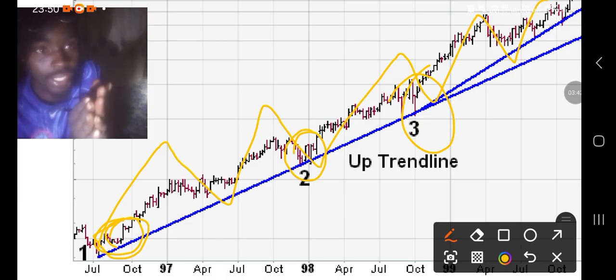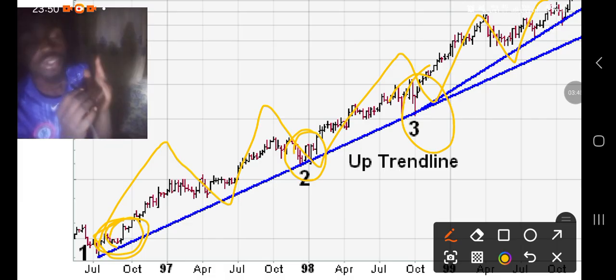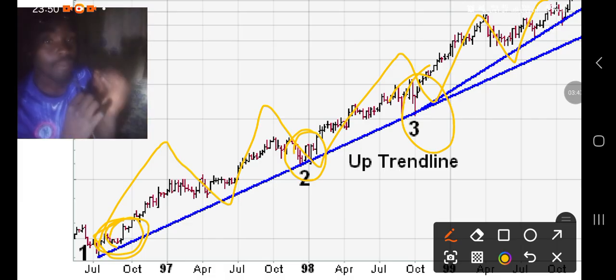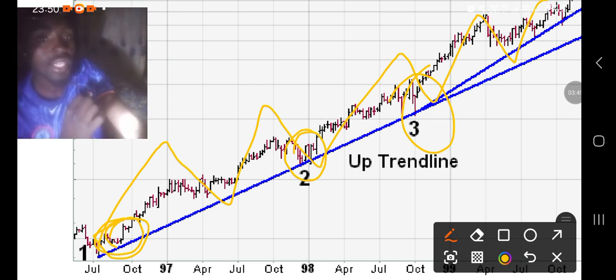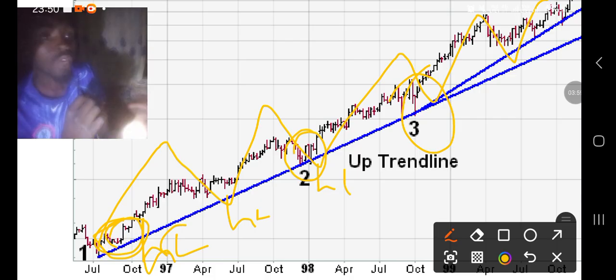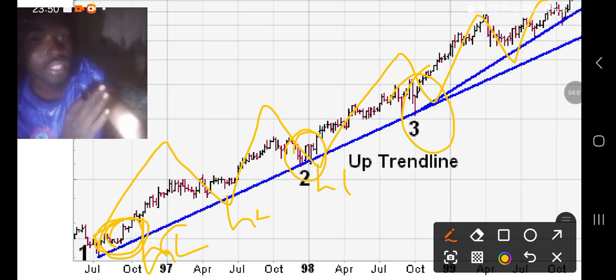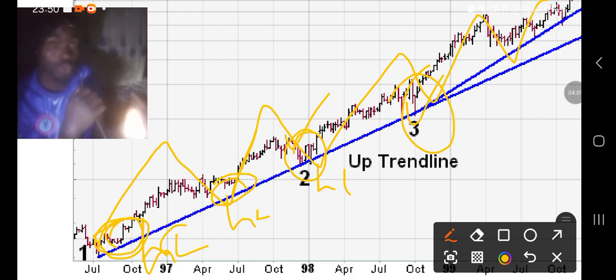This is a tool used to show the market structure: this is a higher low, this is a higher low, this is a higher low, right? So it is connecting these points. If you are trading, it is simple. When the market taps this point, you can just take a buy position, and buy again, and buy again. That is very nice to show the direction.